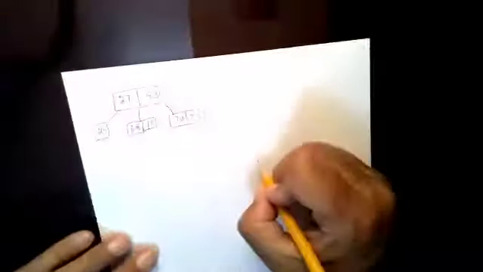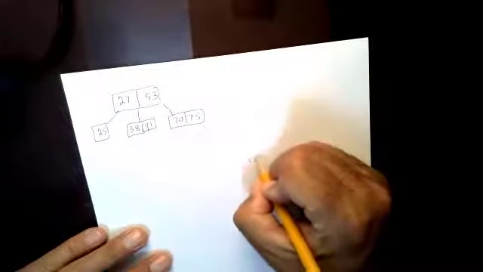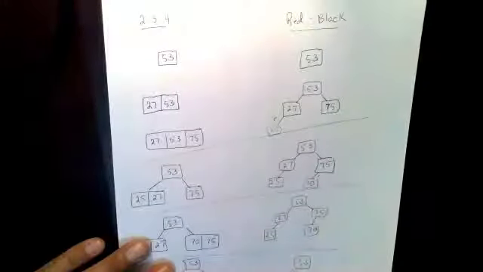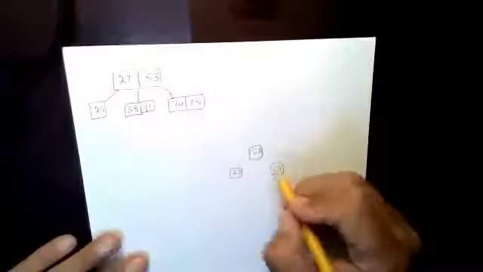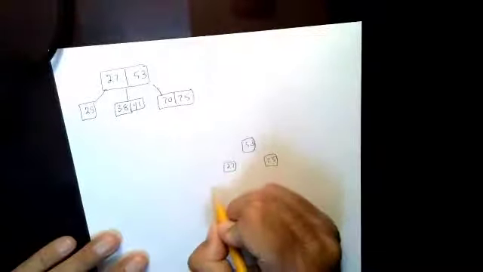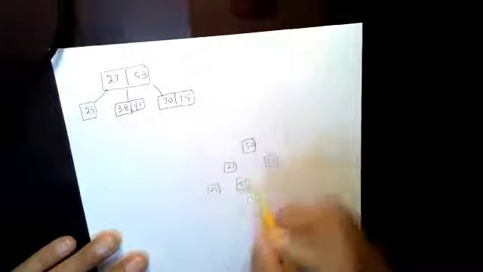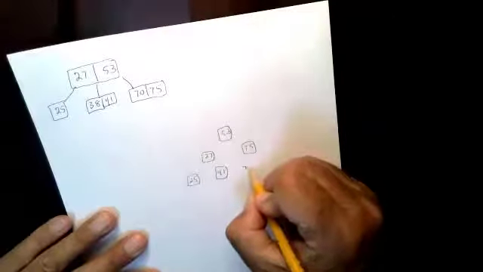Let me write the tree. 53, 27, 75, 25 and 41, a 70 and 38. Okay. And my reds were 27 to 45.